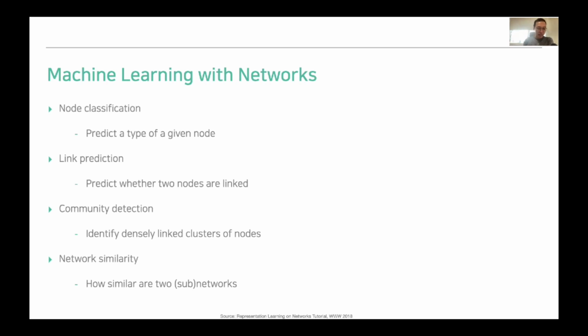For that reason, we sometimes use community detection, and we can understand the overall global distribution of the data and determine important strategies in your company. What about the fourth example, network similarity? We can decide how similar two networks are.